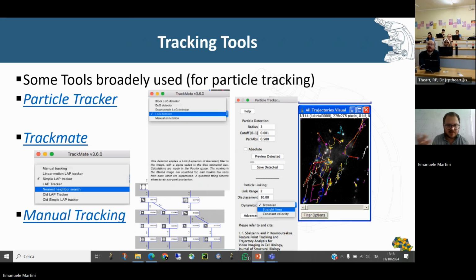Whether you are interested in it or not, tracking is a very developed field in bioimage analysis, so you find really a lot of nice stuff around.